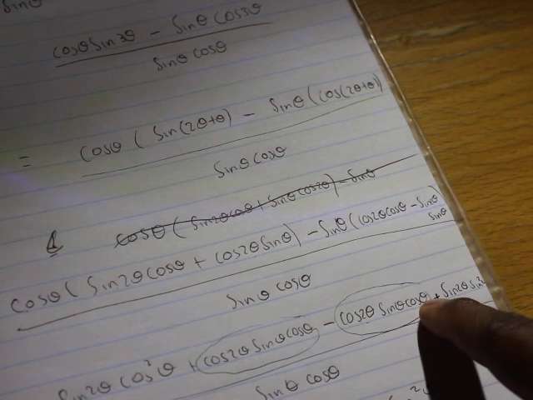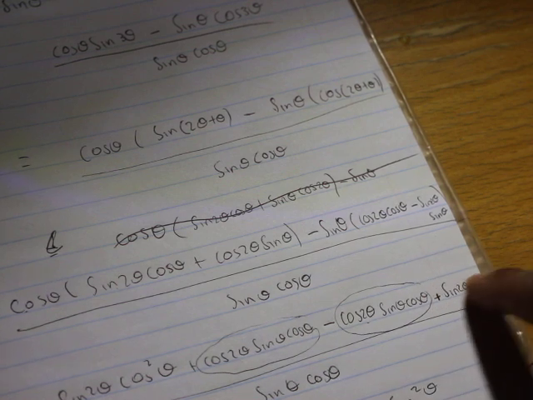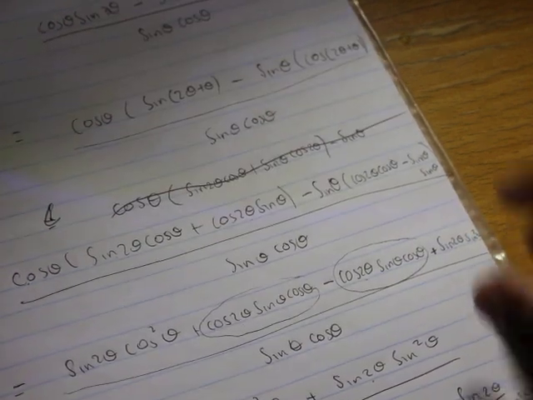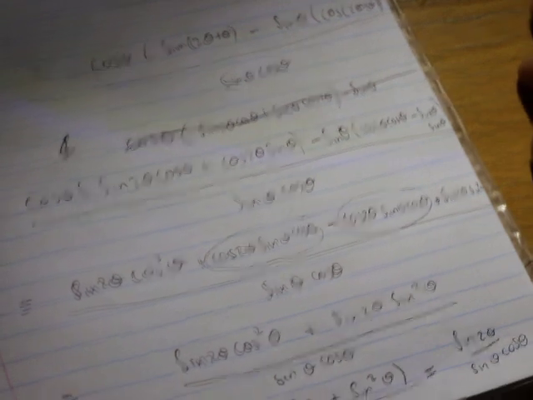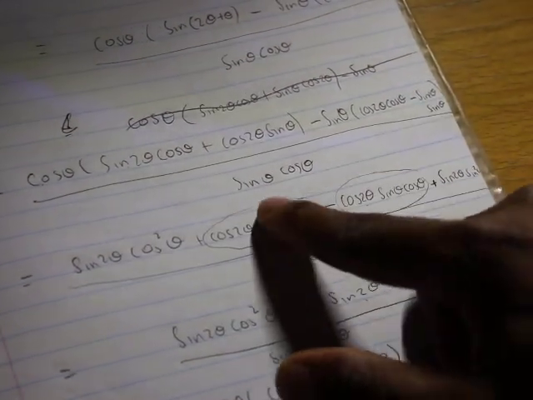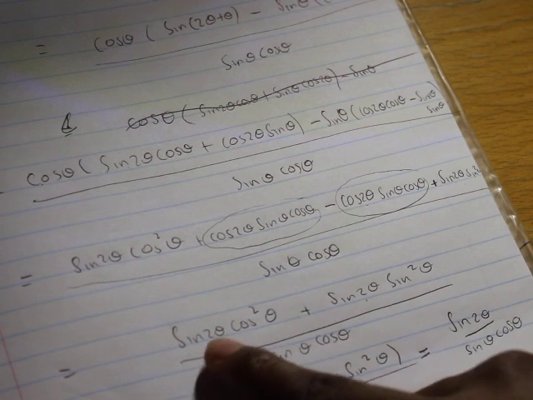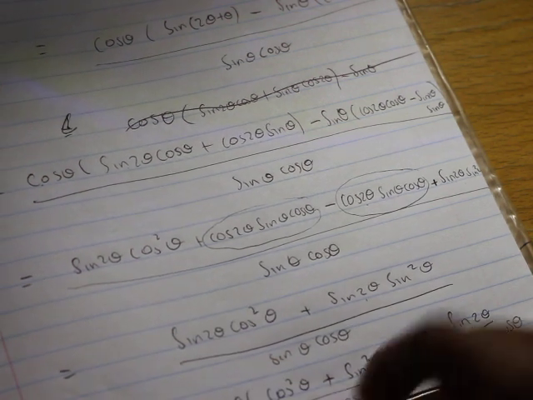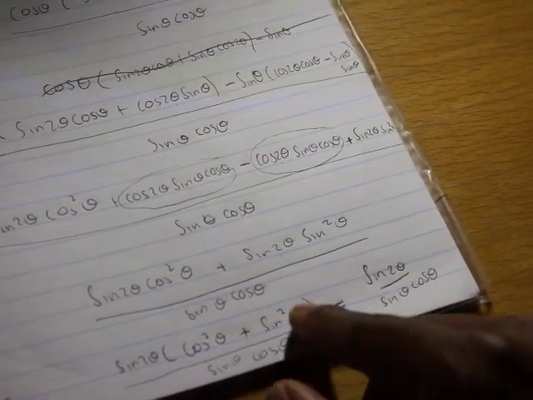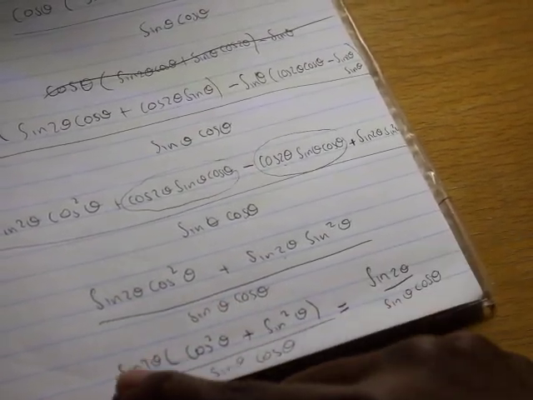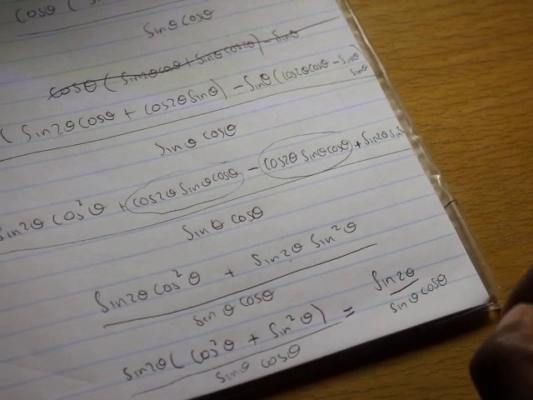Okay, so it becomes a positive over there, and you realize that once that's a positive, of course the two, they still cancel. So now there's a plus there, and when you take out sine 2 theta, you're left with cos squared theta plus sine squared theta. So that's just a 1, and then you're left with sine 2 theta over that.